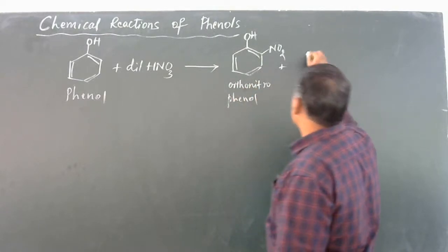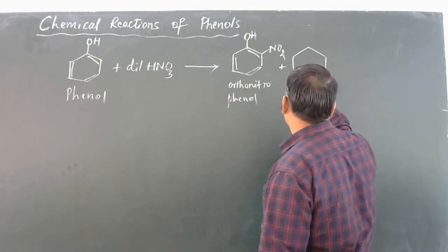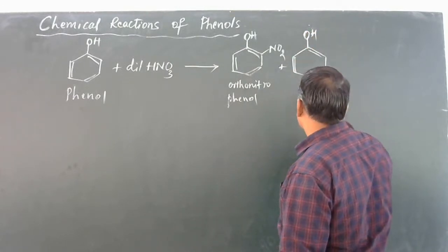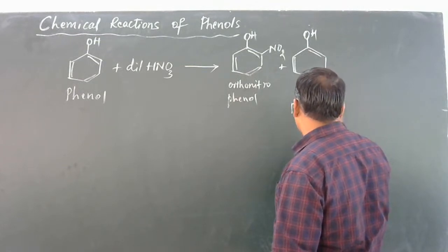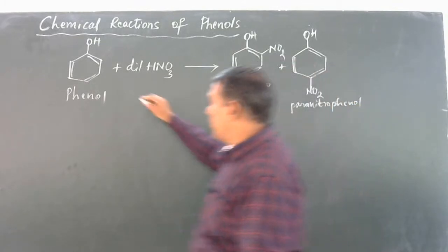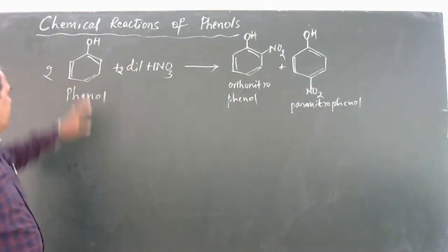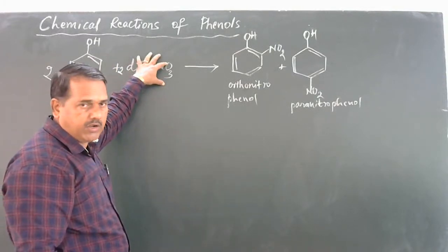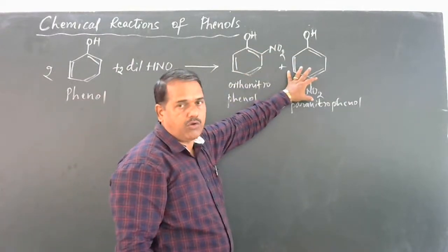And here again, para-nitrophenol. Are you clear? Two molecules, just to balance this, again we can take two. So when phenol is treated with dilute nitric acid, orthonitrophenol and para-nitrophenol are obtained.